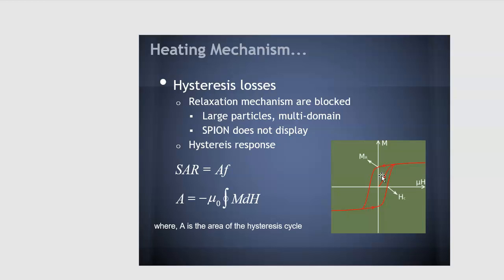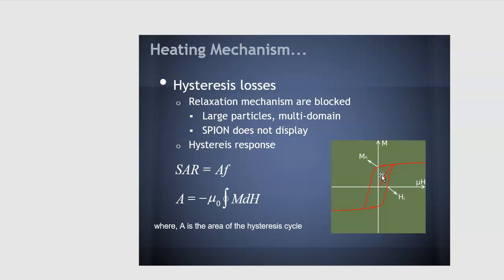And third, hysteresis losses, which is due to relaxation mechanisms which are mainly blocked, and it happens in large particles or multi-domain particles. If we see superparamagnetic iron oxide particles, they don't display this effect due to the finite size effect.